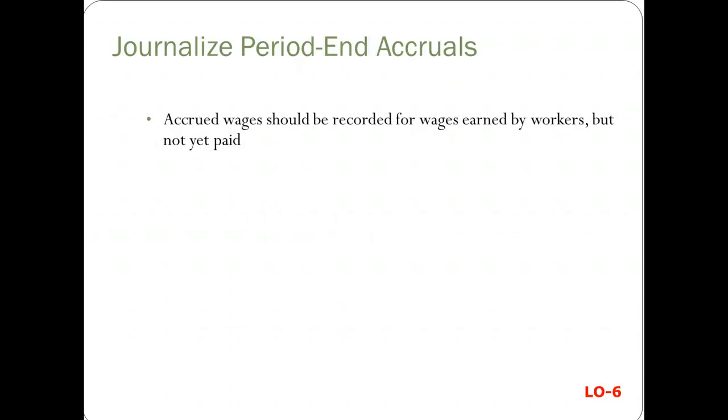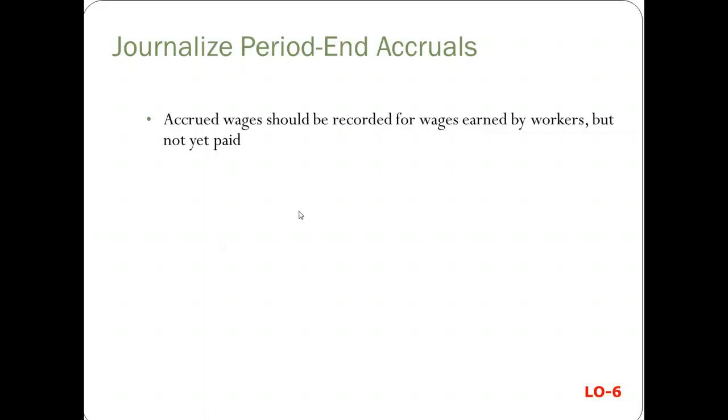Then at the end of the period, you have some accruals. Remember, back in your financial accounting, you have to do adjusting journal entries. There are often adjusting journal entries that relate to payroll, because you have wages that have been earned by workers but not yet paid, simply because the end of the year might be December 31st, but the end of the pay period might fall in between pay periods.